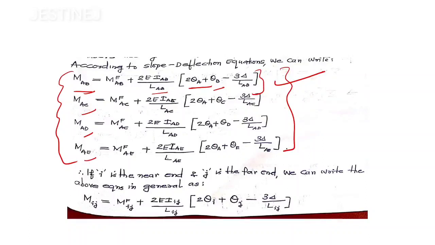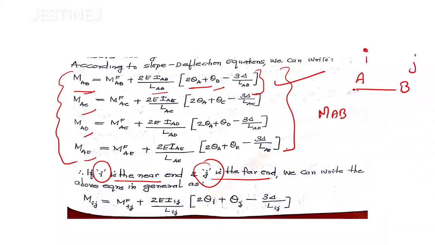Now you have to consider some terms like i and j. I represents the near end and j represents the far end. What do you mean by i and j in these sections? If you take a section A and B, and you are going to take MAB, then i will represent A and j will represent B. That means i is the near end and j is the far end.